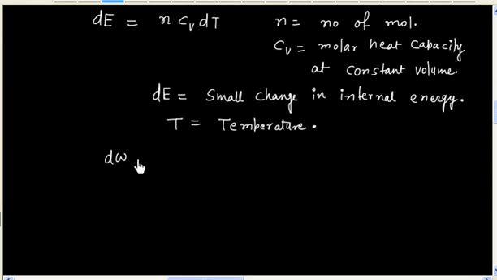Now dW is minus P dV, where P is the pressure and V is the volume.